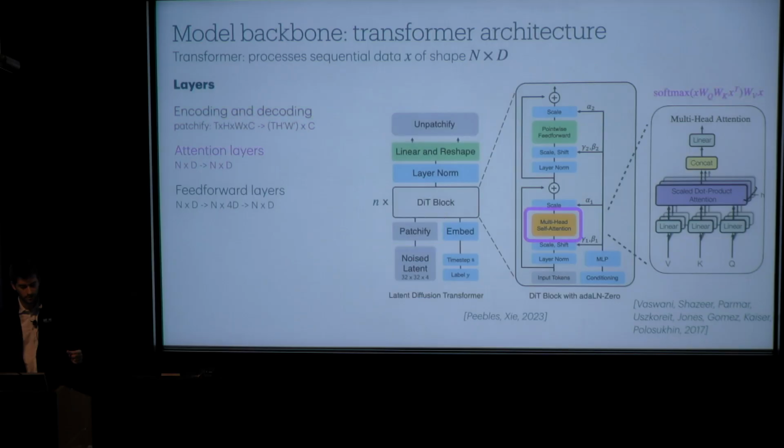Second type of layer, attention layers. Attention layers are basically doing a product on your data. If you have a sequence of n tokens, each of dimension d, you basically take your tokens and multiply them by themselves with a certain transformation, WQ, WK, that adds learnable parameters to change the way you do the product.